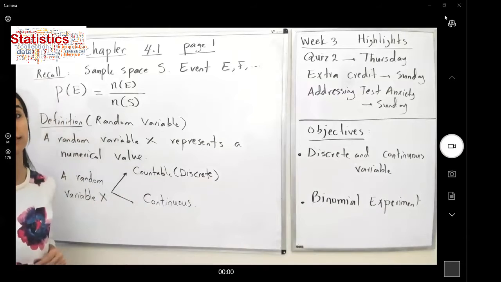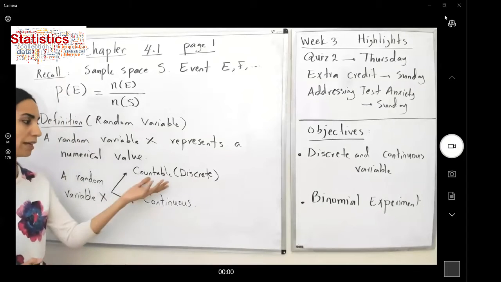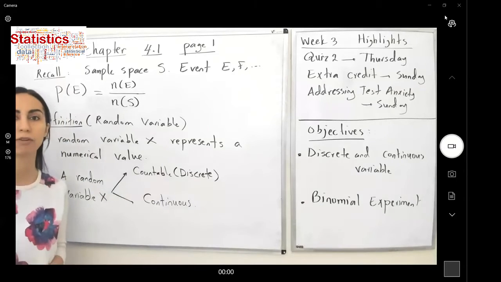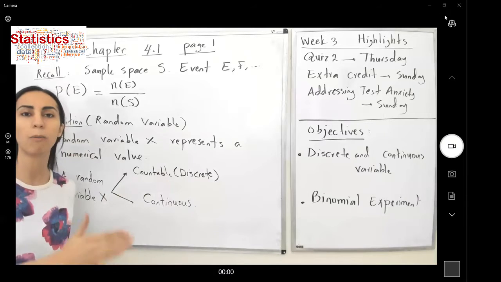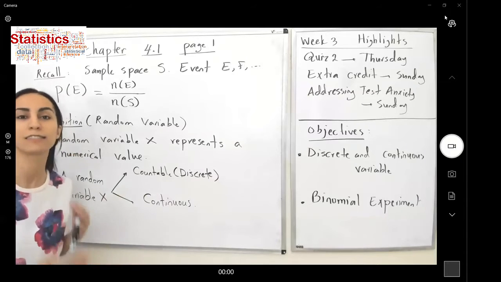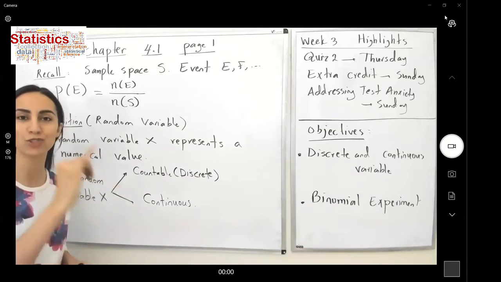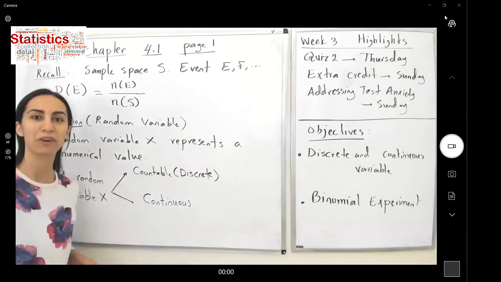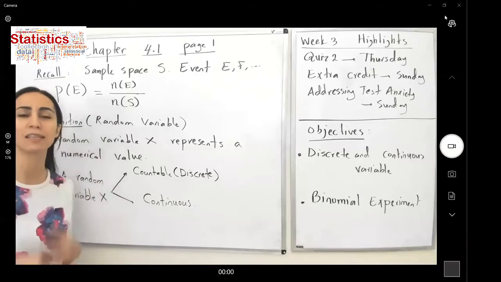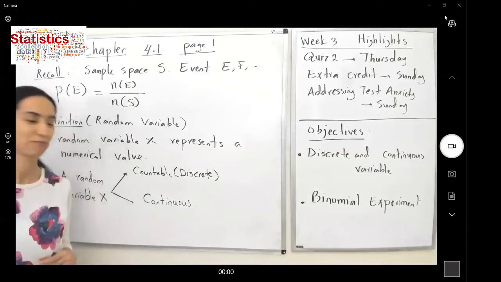Well, give us an example. An example of a discrete random variable is the number of students sitting in Math 10 class. I can actually count the number of those students sitting in my class.